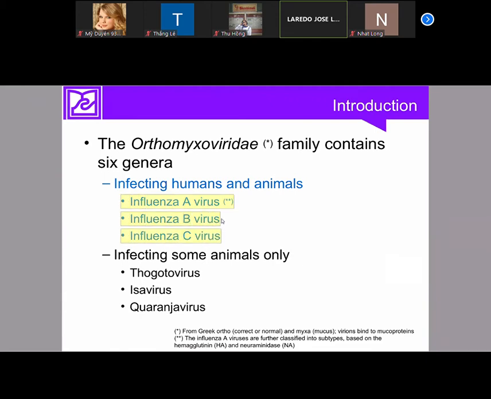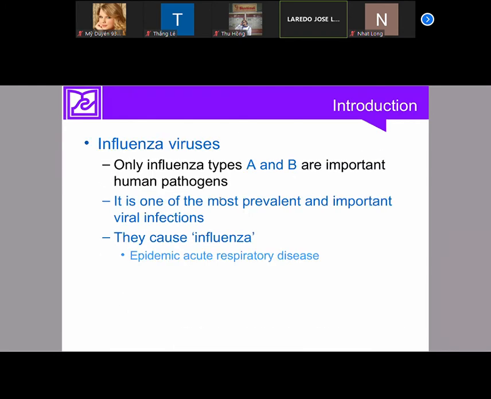Two are more important, influenza A and influenza B. And one is not very important, influenza C. From these influenza viruses that infect humans, the most important is influenza A. This is the most important and possibly the most severe of these three respiratory pathogens.